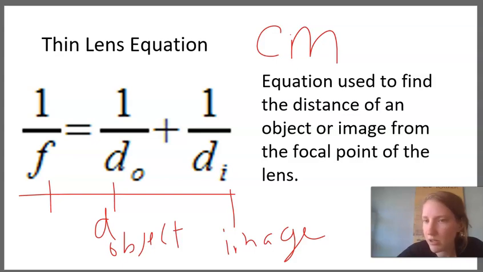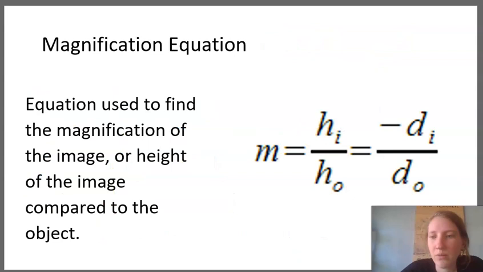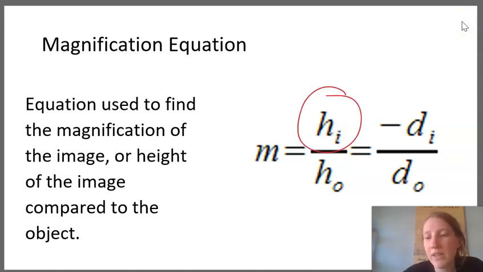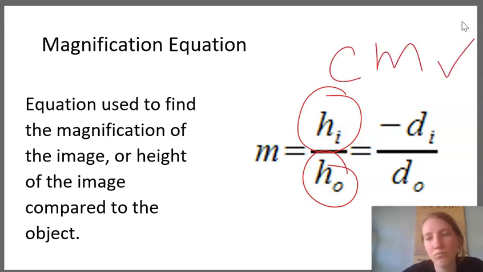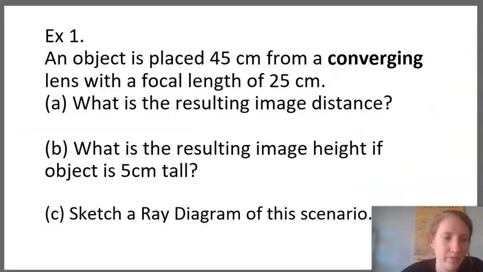You can just leave it in centimeters, that is okay. Same thing with the magnification equation that we used with mirrors. hI is the height of the image, and hO is the height of the object, in centimeters.